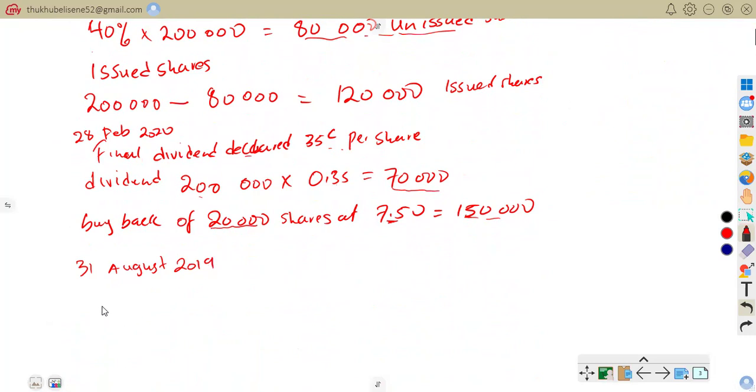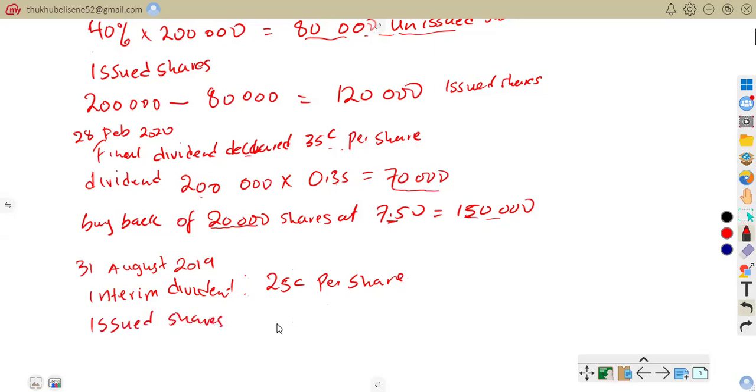So we are having what? Interim dividend, whereby we're told that this is 25 cents per share. So how many shares were issued? We are going to say issued shares.